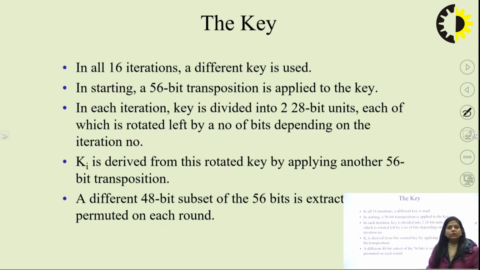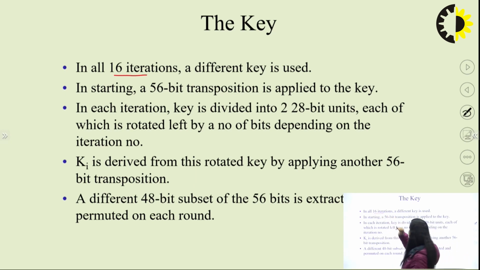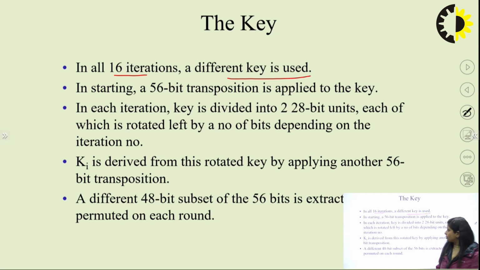Fine. So what is this key? We have seen that we have used a 56-bit key. There were 16 iterations, right? In all 16 iterations, a different key is used. In starting, a 56-bit transposition is applied to the key. In each iteration, the key is divided into two 28-bit units, each of which is rotated left by a number of bits depending on the iteration number.